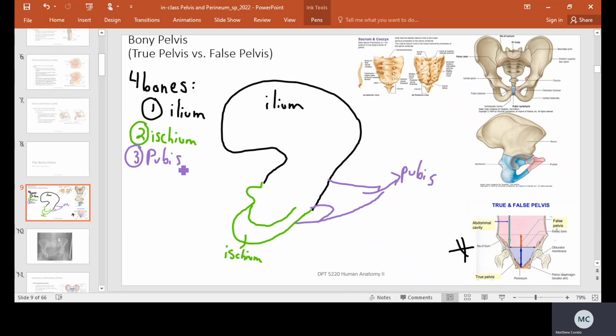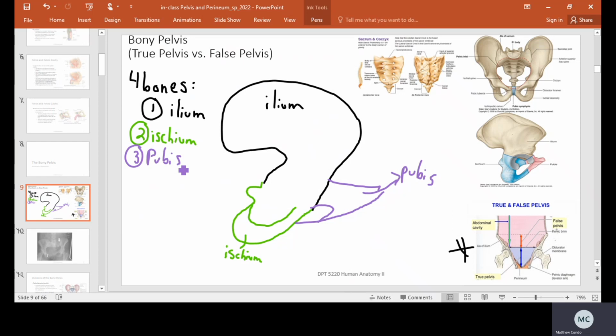When both of my pubis bones come together, and we drew this when we talked about the inguinal canal, one pubis comes from the right side, one pubis comes from the other side, and they come together in symphony. That's what symphony means, coming together. So that's going to be called my pubic symphysis.